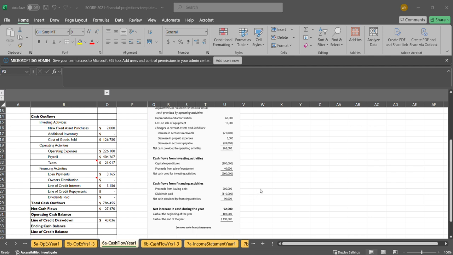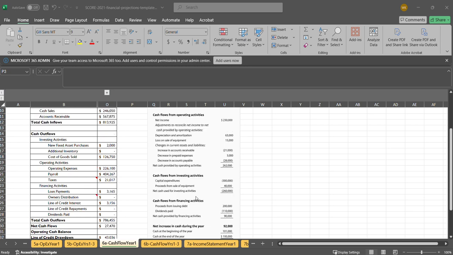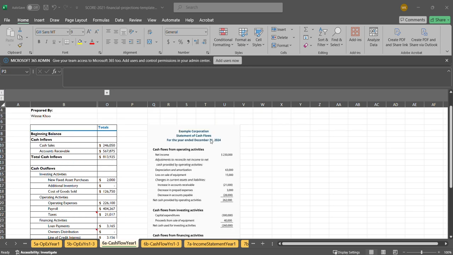And at the bottom there's a summary that has the beginning cash balance, the ending cash balance, as well as the net increase or decrease of cash for the year based on the different activities for that year.